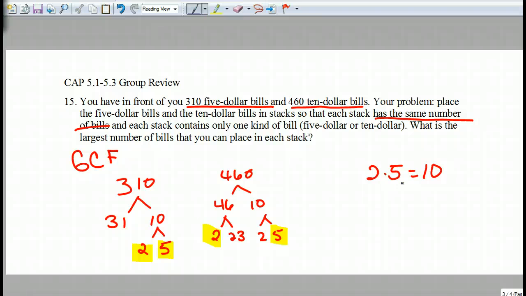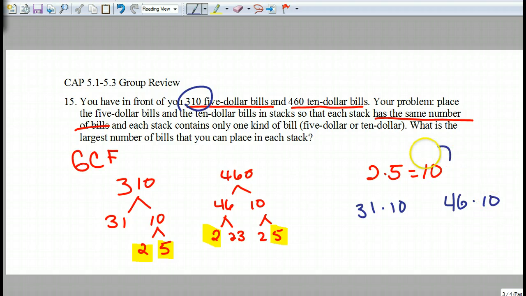And if you have 10 bills in each stack of 310 bills, you're going to have 31 stacks of 10, right? And then 460, you'll have 46 stacks of 10. So 10 is your answer on this.